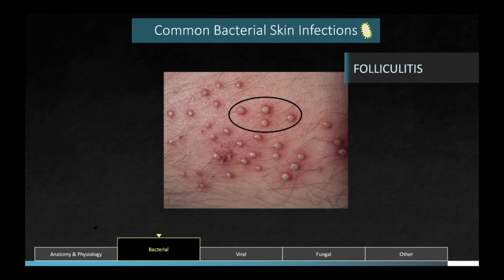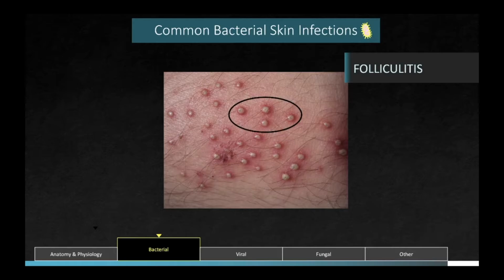It's seen in a number of situations, including hair extraction, such as shaving, plucking and waxing, occlusion of hair-bearing areas by things such as clothes, plasters or plastic film, warm moist climate, diabetes, topical steroids and systemic antibiotics.